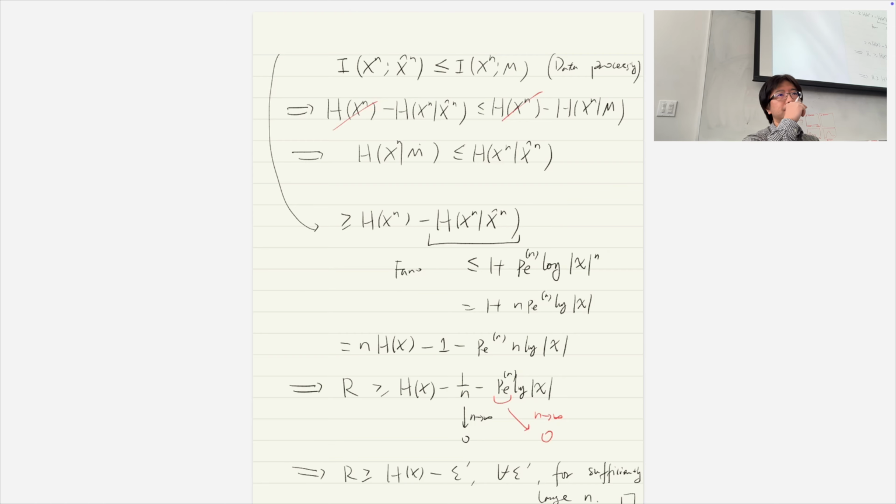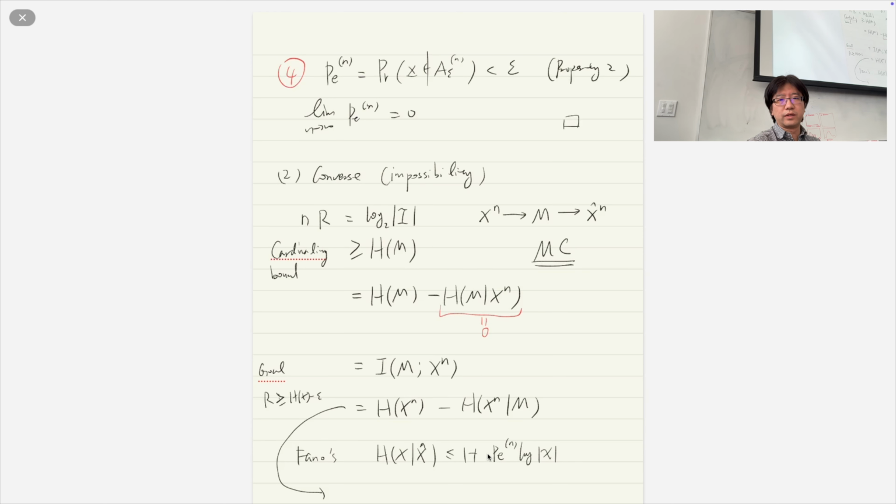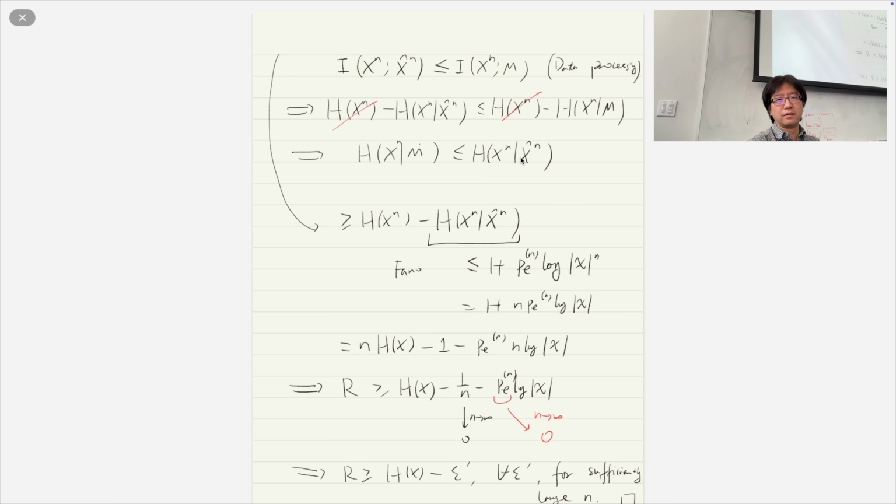Any question? Yes? But I don't understand how to get from line 3 to line 4. Which line? From here to here? Yeah. The reason that H is less than or equal to H of X hat. Yes, so it's an upper bound on that. So this guy has a lower bound because we replace this guy by this. But H of X hat is bigger than H. Yeah, it's minus here.